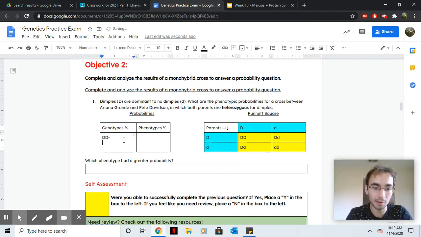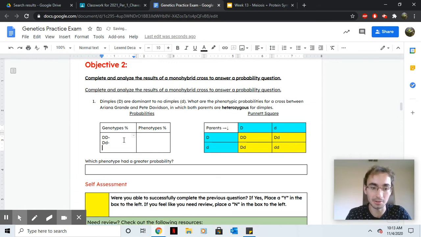So out of all the kids, here are the possible genotypes: 2 capitals, 1 capital and 1 lowercase, and then 2 lowercase. 25% of the kids were homozygous dominant, 50% were heterozygous like their parents, and 25% were homozygous recessive. Or you could put it out of 4, so 1 out of 4, or 2 out of 4.